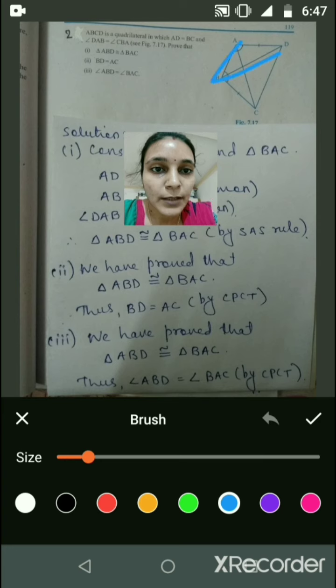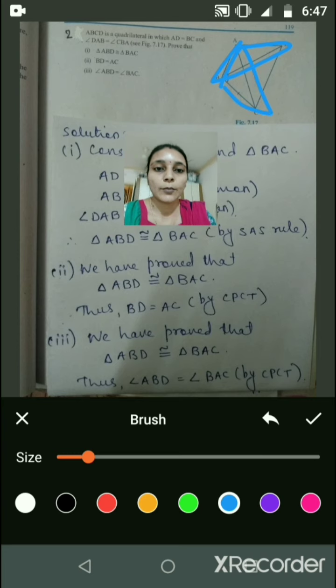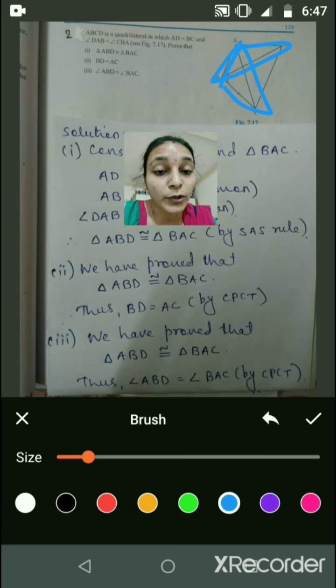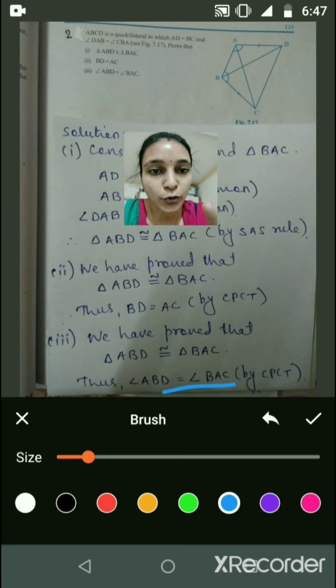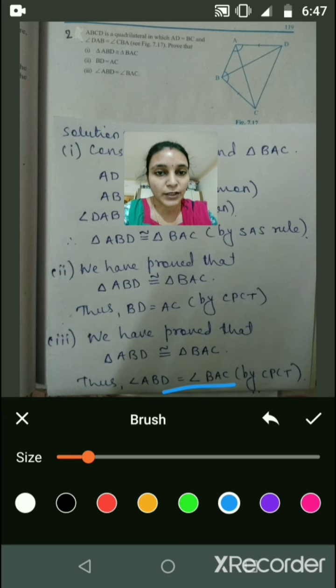This is the ABD triangle, and this is BAC. Both are congruent as we have shown. So by CPCT we can say that angle ABD is equal to angle BAC. वो दोनों भी कॉन्ग्रुएंट ट्राइंगल के ही पार्ट्स, एंगल्स हैं, तो वो भी इक्वल होंगे.